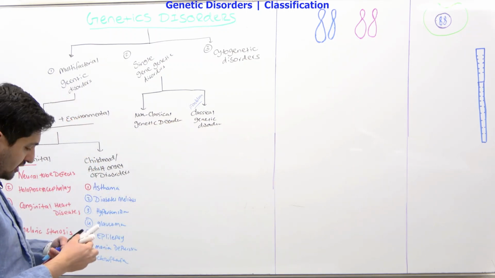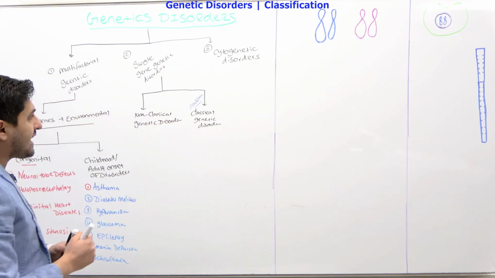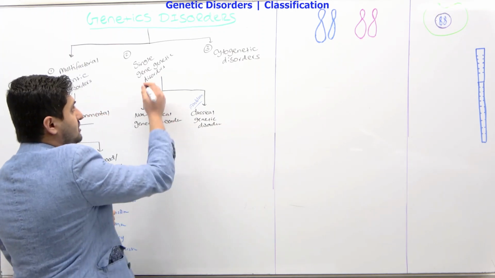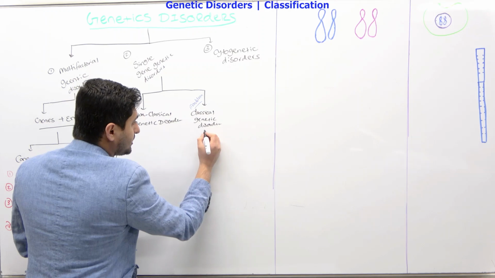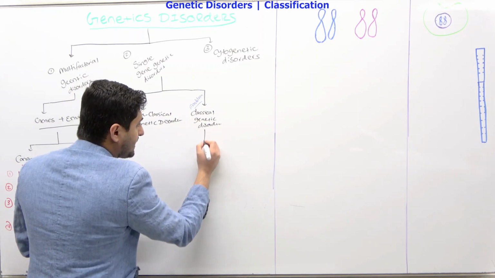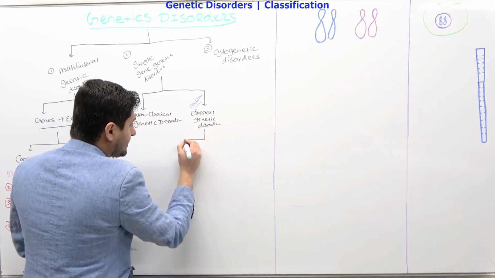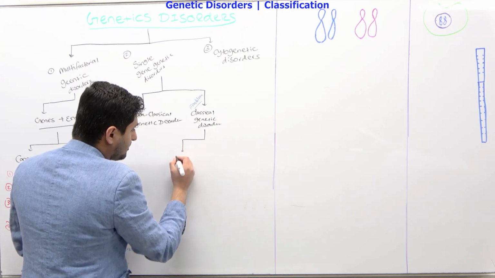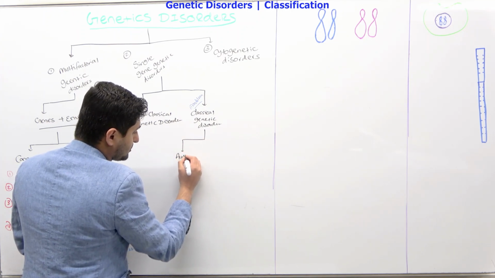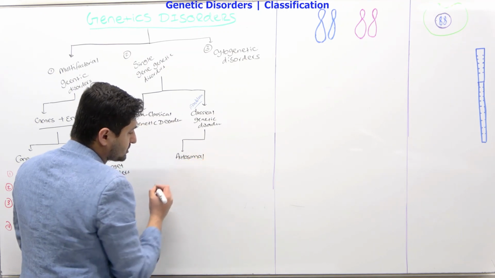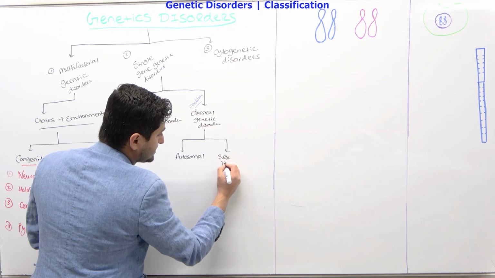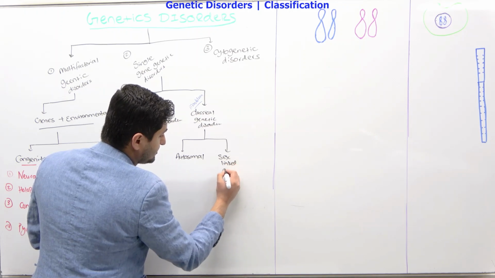When we're talking about this classical single gene disorder, described by Mendel, either gene can be mutated and show something called autosomal, or it could be sex-linked.